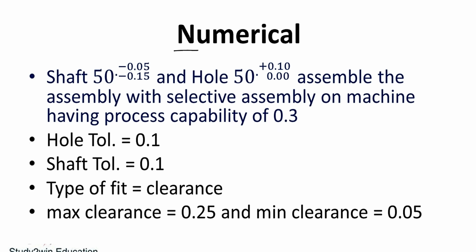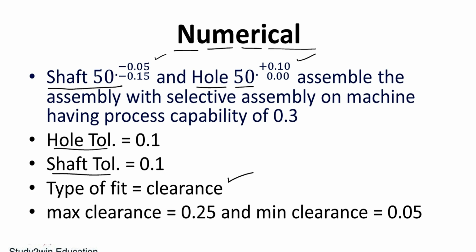Now in this numerical, hole tolerance is 0.1, shaft tolerance is 0.1. Since the upper limit of the shaft is lower than the lower limit of the hole, I can say the type of fit is clearance.